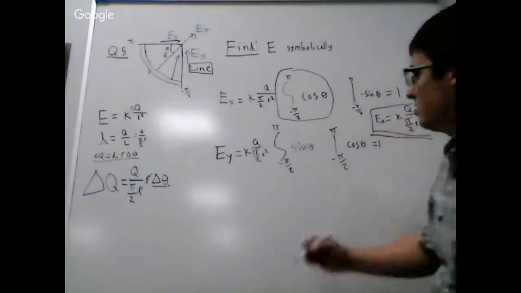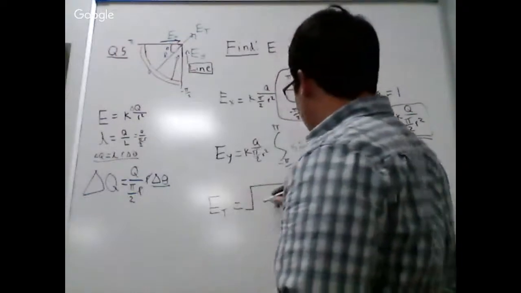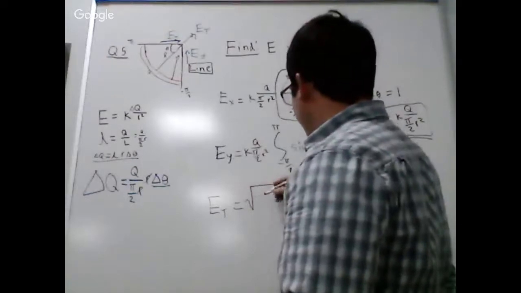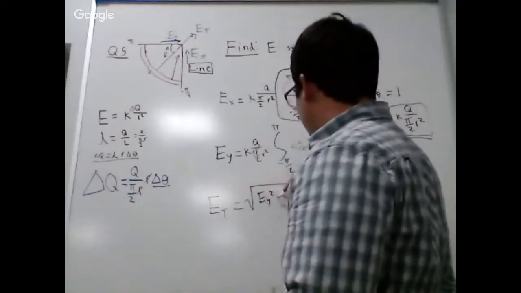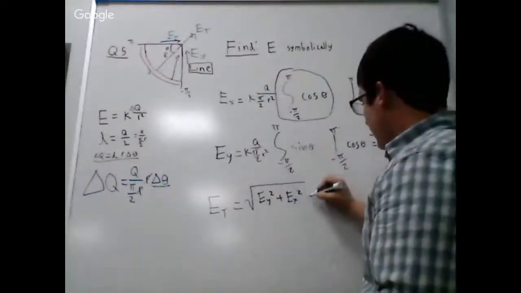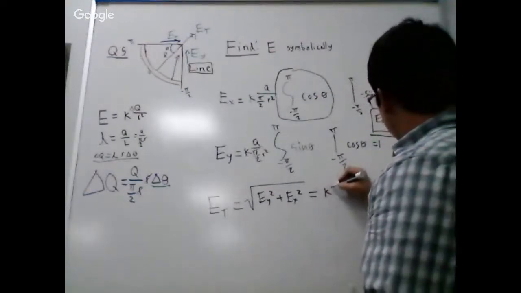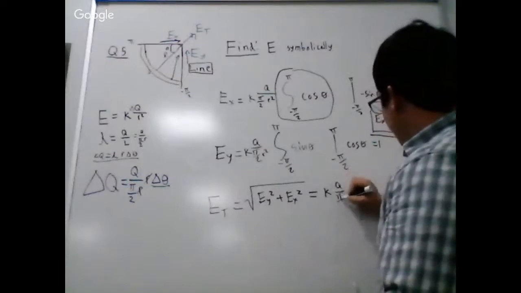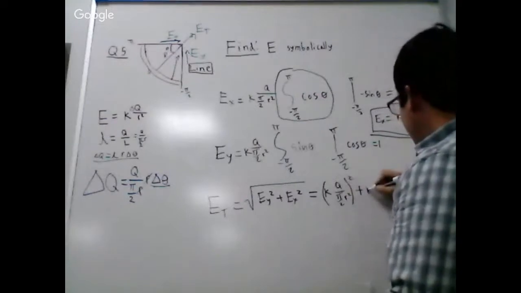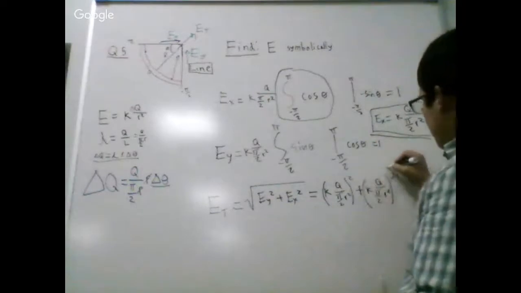So then to get the magnitude, you get our total. You'll have the square root of E of y squared plus E of x squared, which will be equal to this K times Q over pi halves R squared, all of that squared, plus K Q over pi halves R squared, and that's all squared, square rooted.